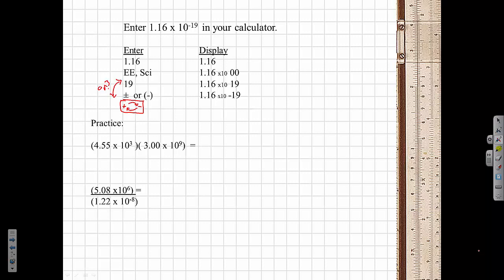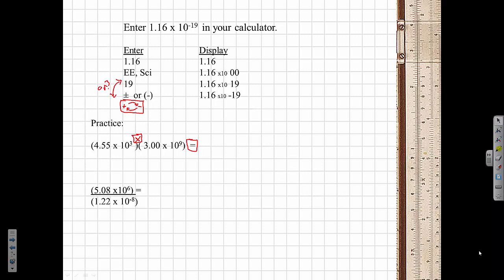Enter the exponent 3, and then the times symbol. Press the times button, enter the next number, and then press equals. So 4.55 times 10 to the third.